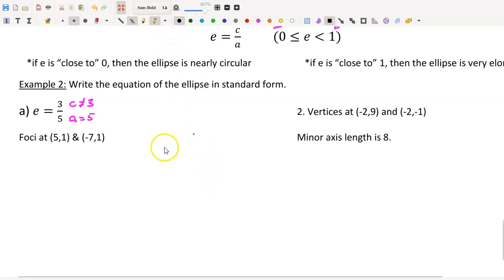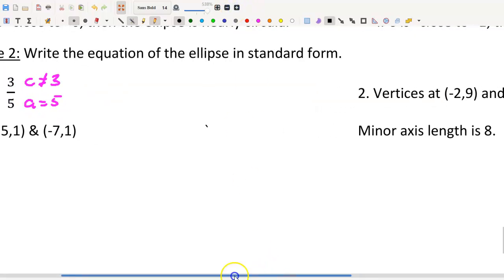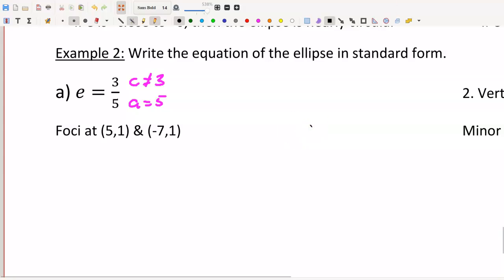So on these types of problems, you want to actually work them out with a graph at hand. That's going to be your best approach, and then you can figure things out as we go. So have a little sketch going and take the information that they give you and plot it.